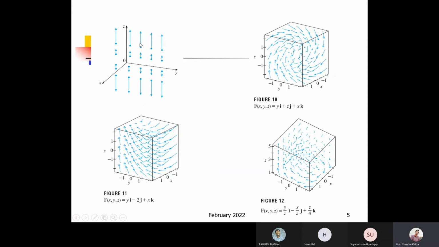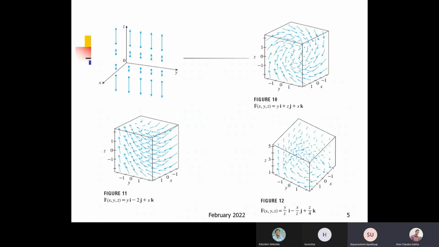What is so special about these vectors? So it is 0i minus 1j, or something else.